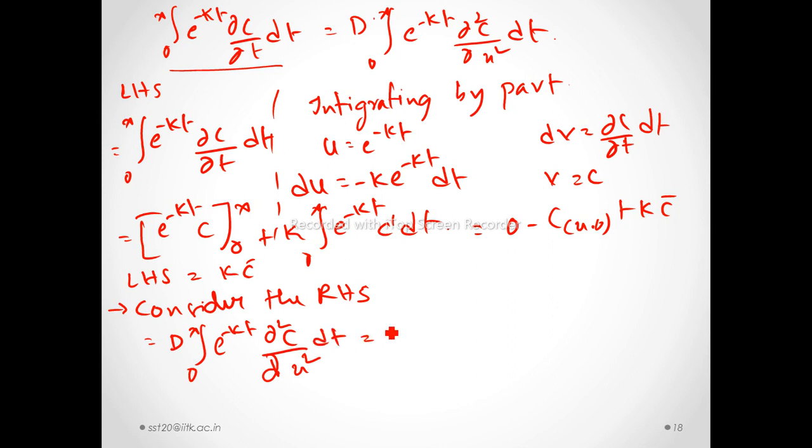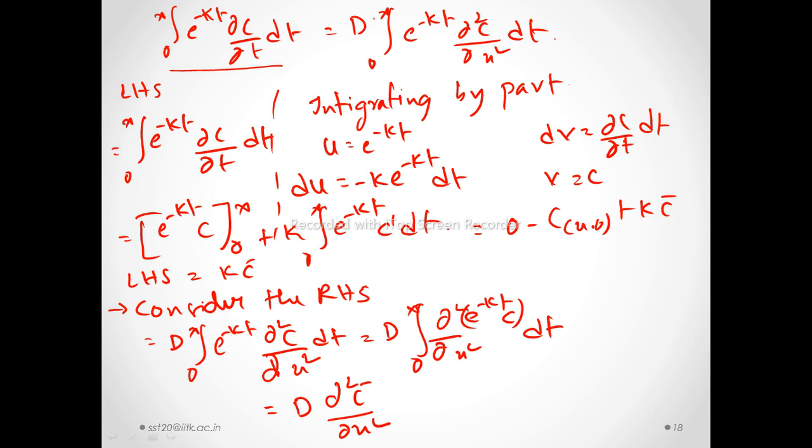Then we can take it inside and write it as the integration from 0 to infinity of x square e kt into c into dt. So then we can write it as d times the second derivative. This is the RHS side.